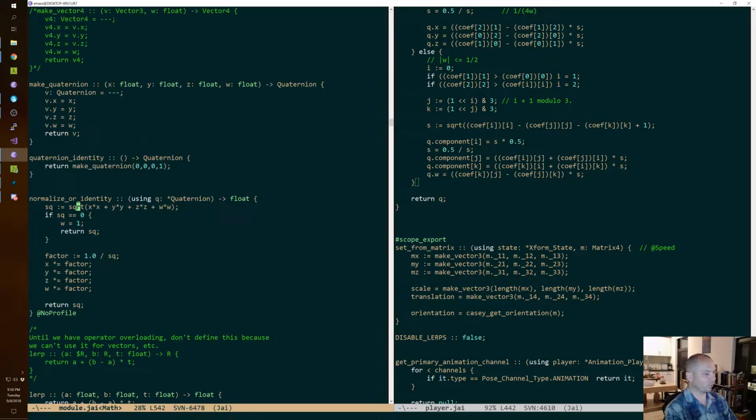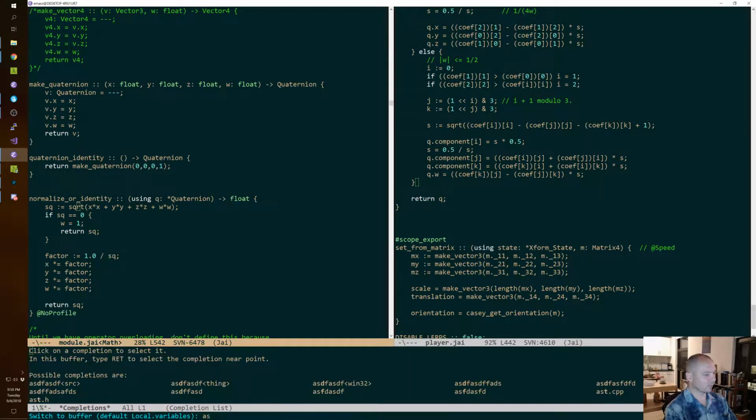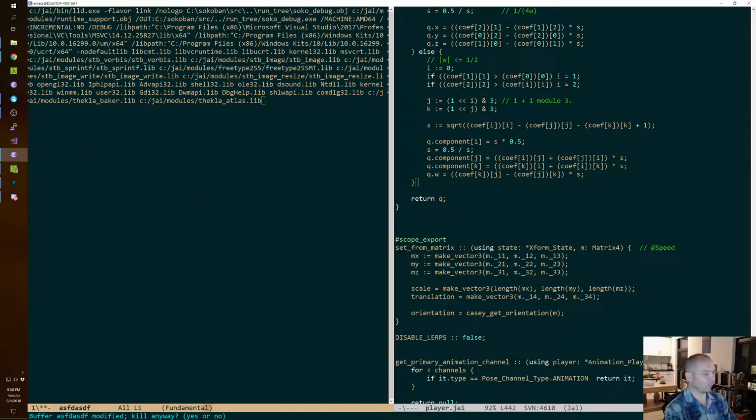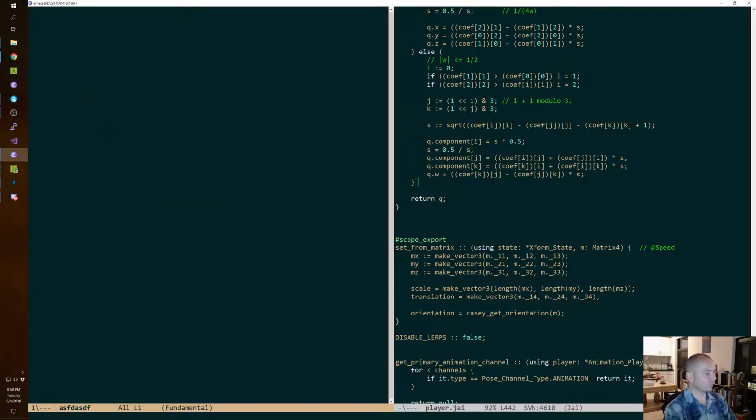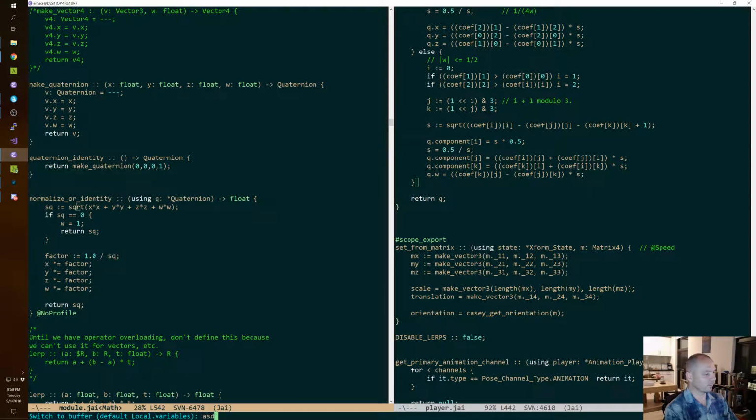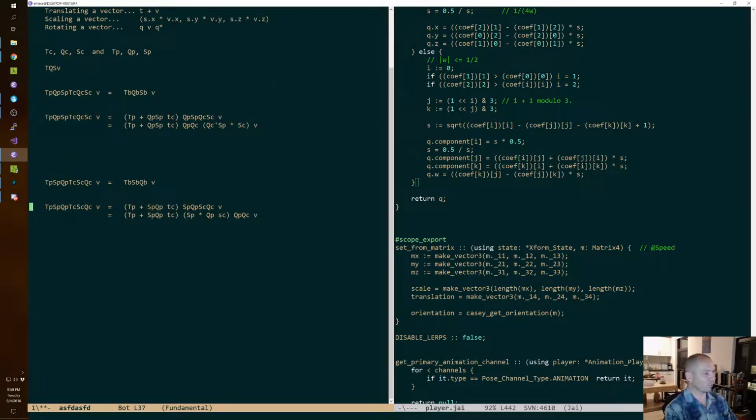That's not the right buffer. That's not the right buffer. That's the right buffer. Okay. It totally worked for the translation.